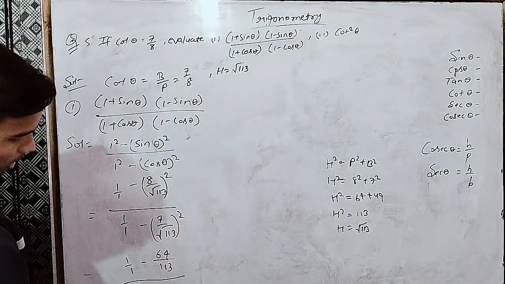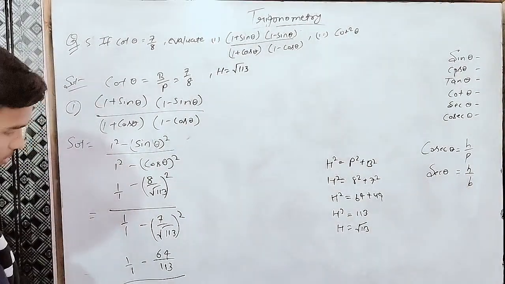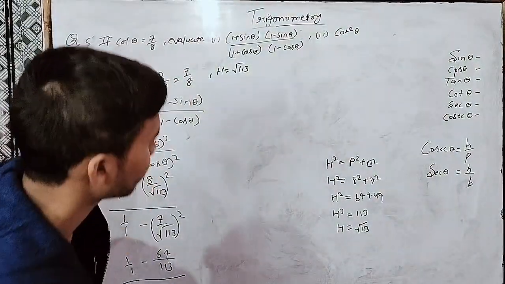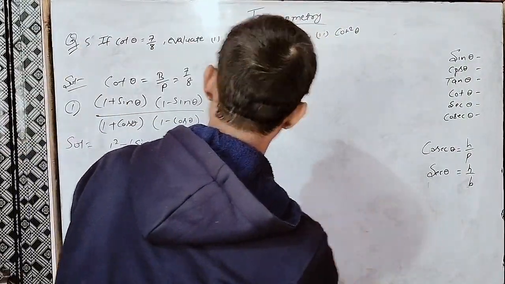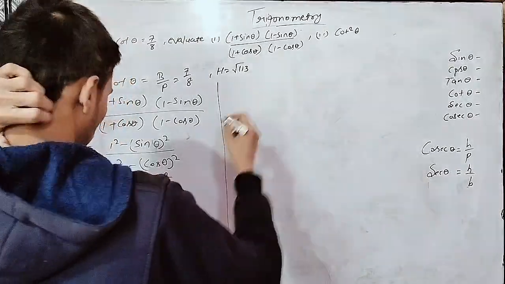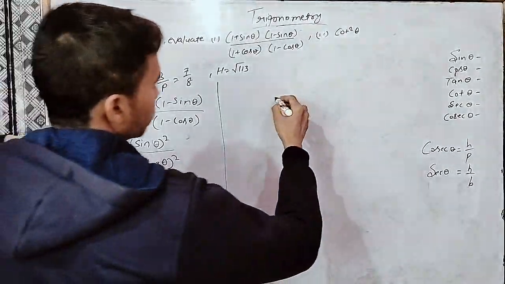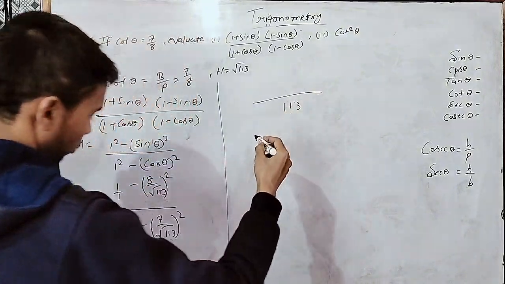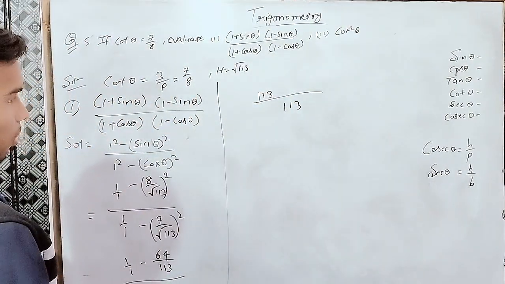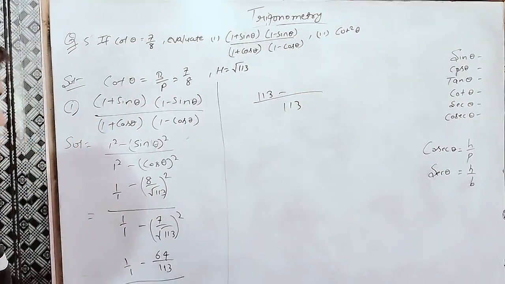The square root will get cancelled. How much do we have? Now we have a fraction. Going forward, you already know how to solve it. I am just finding the answer.